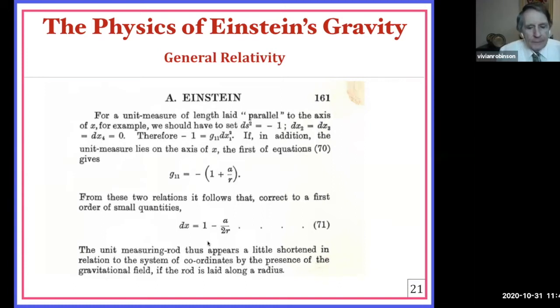So viewed against that stretched background, the unit measuring rod will appear a little shortened. It will appear shortened by the change dx, which is 1 minus z. But the results obtained in this redshift approach and Einstein's approach are the same.